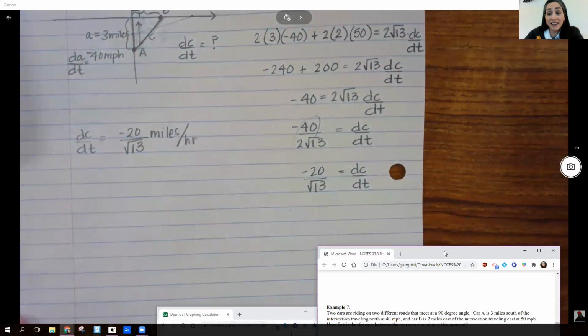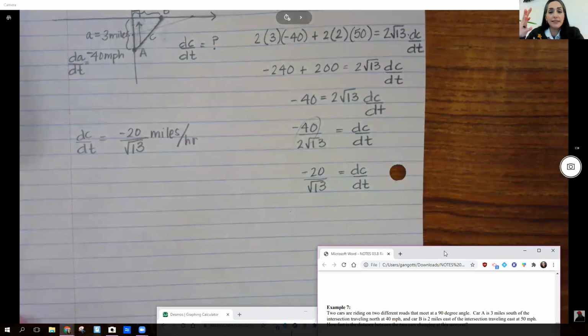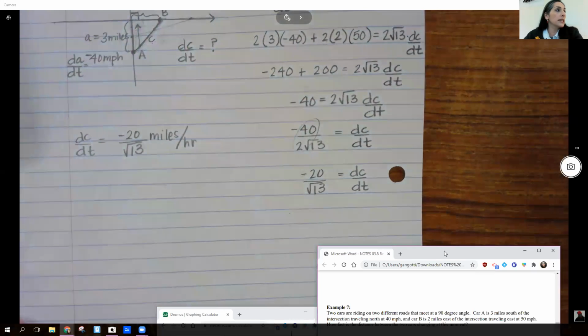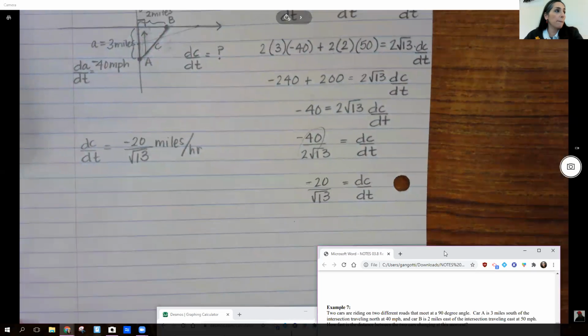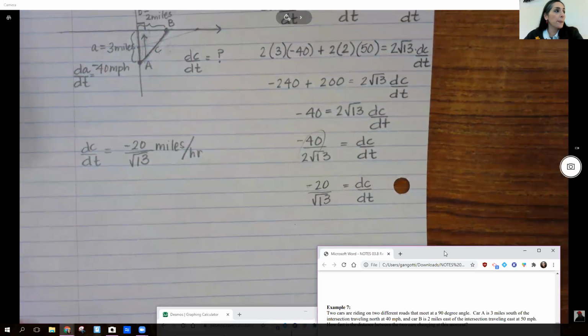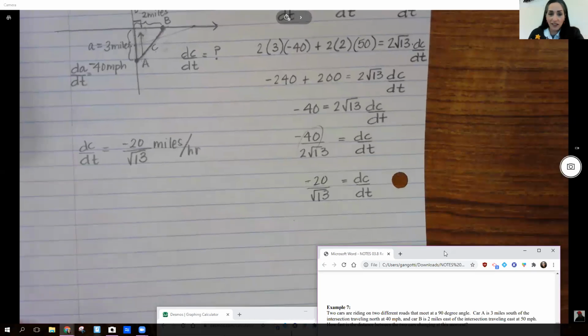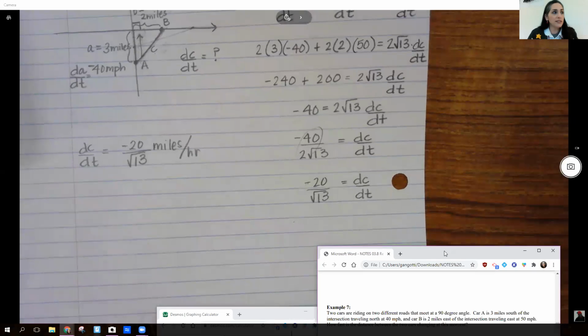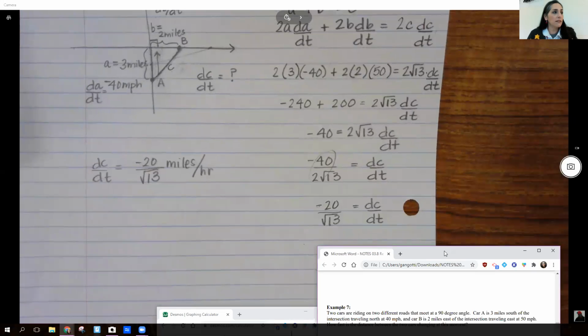So since it's negative, you could say that distance is decreasing, okay? It's decreasing as one car goes north and the other car goes east. My drawing's not drawn to scale for sure. All right, so that's example number 7. Any questions on that?